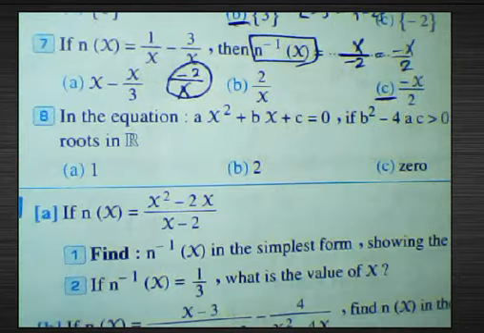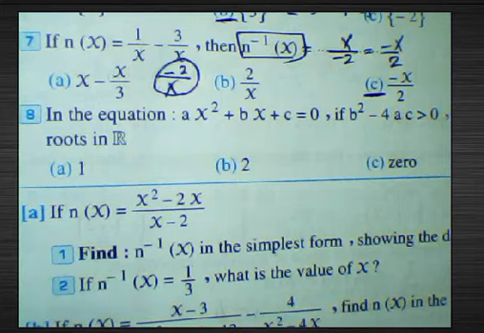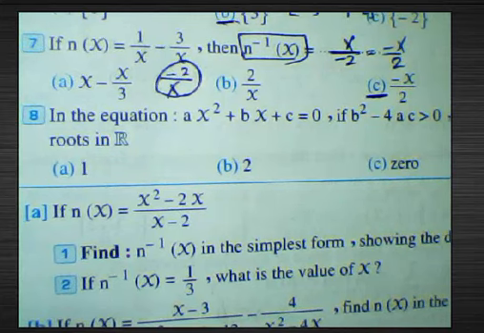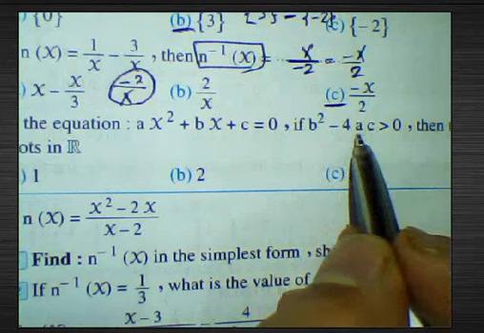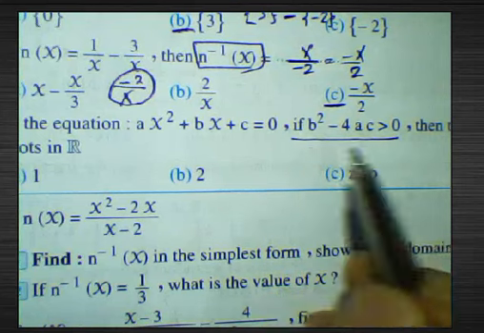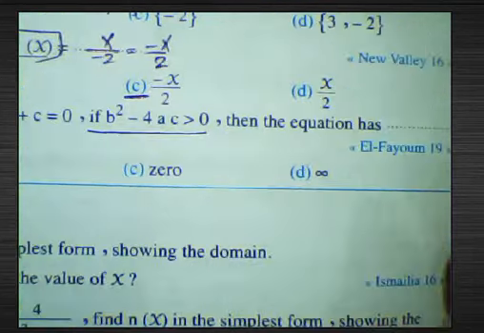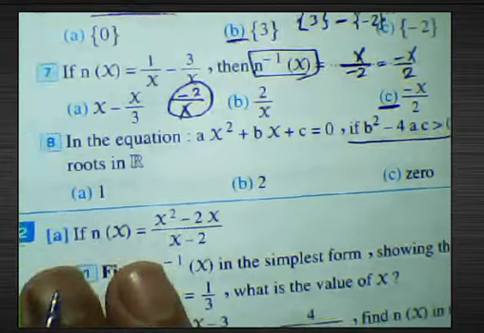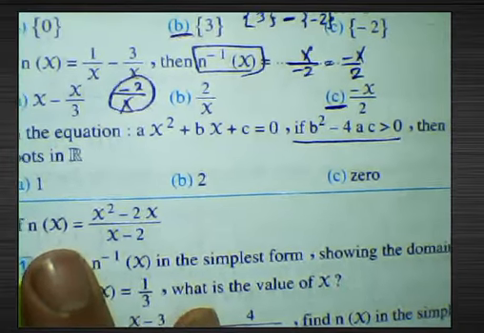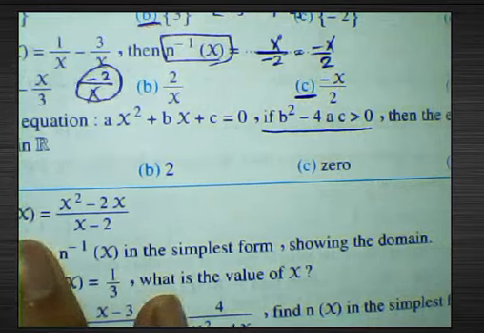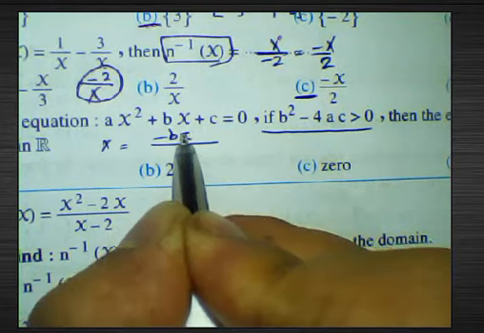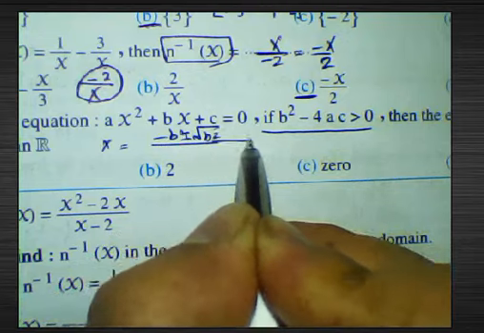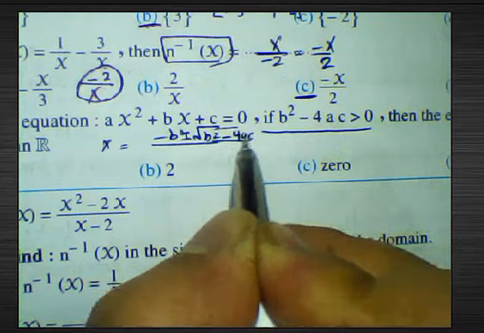Okay. Question 8. In the equation a x squared plus b x plus c equals 0, if b squared minus 4ac is greater than 0, then how many roots does the equation have? We have 2 roots. Why? Because we know x equals -b plus or minus the square root of (b squared minus 4ac), over 2a.